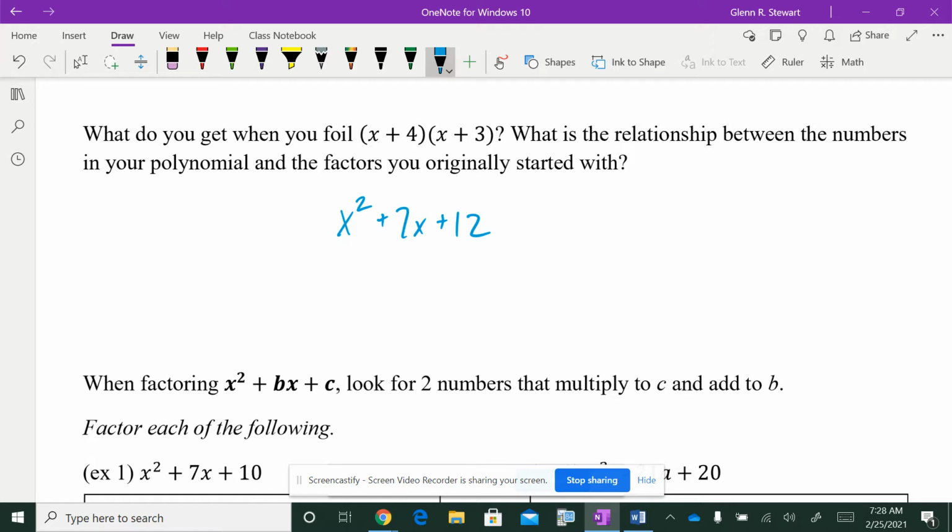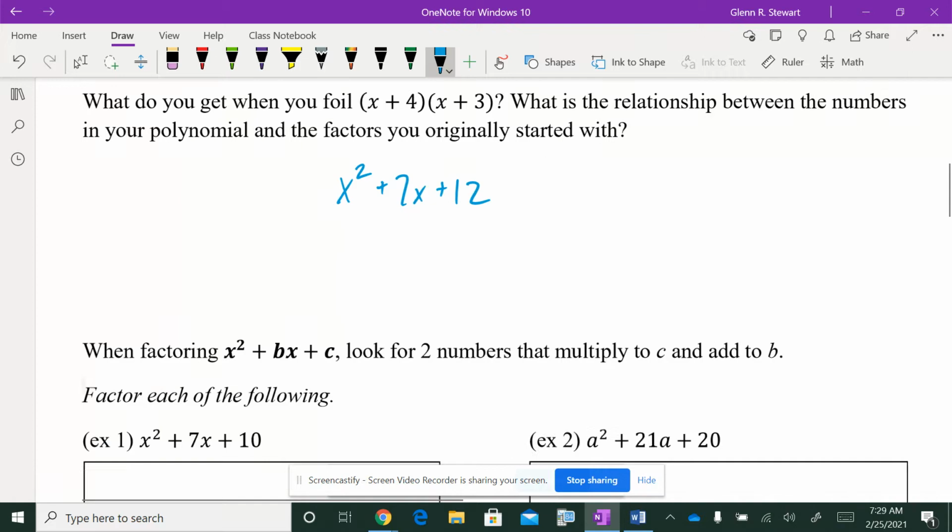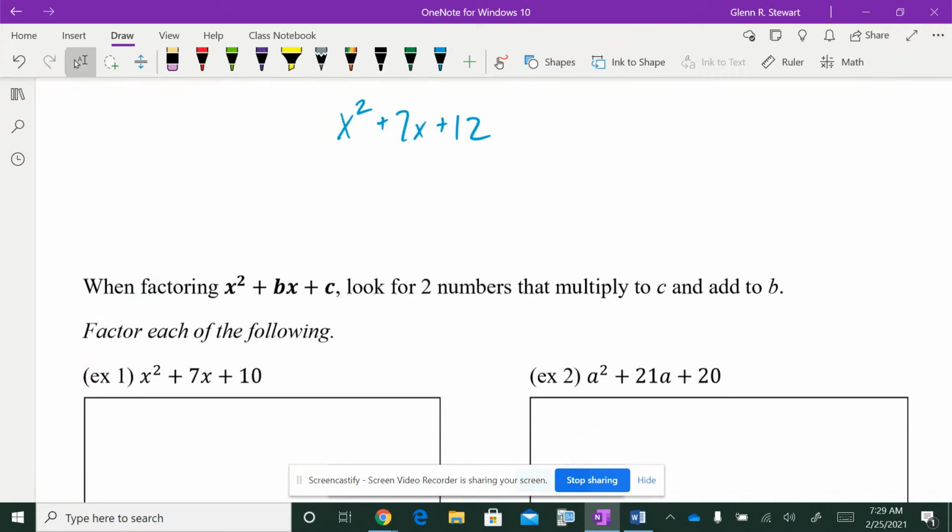Take a look at those numbers, 12 and 7. What is their relationship to 4 and 3? Nick? Perfect, yeah, you can add them to get 7, but then you can multiply them to get 12. So essentially what we're going to be doing today is we're going to start with trinomials that are in that form, that x squared plus bx plus c form.